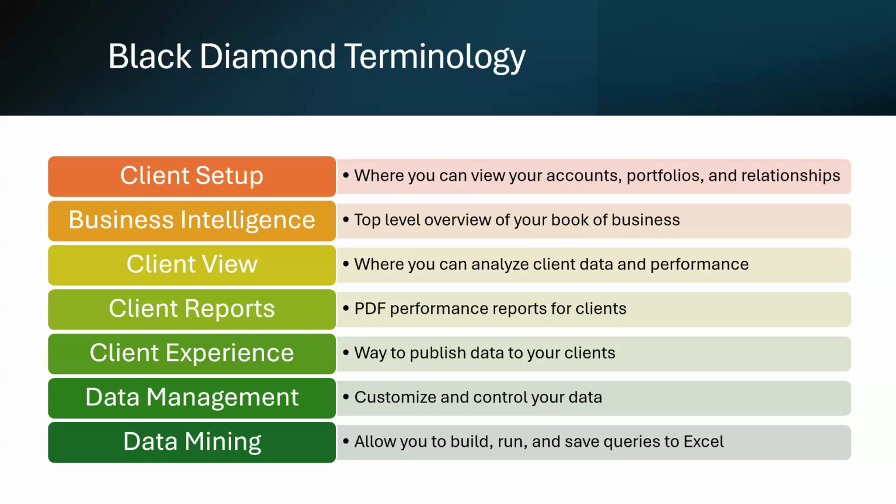We have our client view, where you can analyze client data and performance. Our client reports, which allows you to generate and run PDF performance reports for your clients. We have client experience, which offers a way to publish data over to your end clients. And we have data management, which allows you to customize and control your data, as well as data mining, where you can build, run, and save different data queries to Excel.